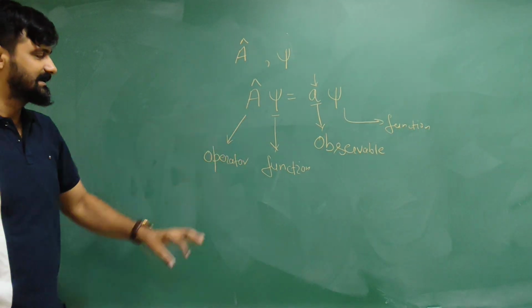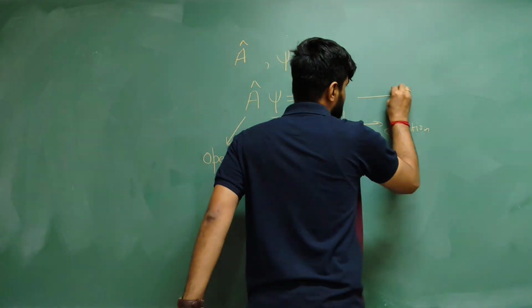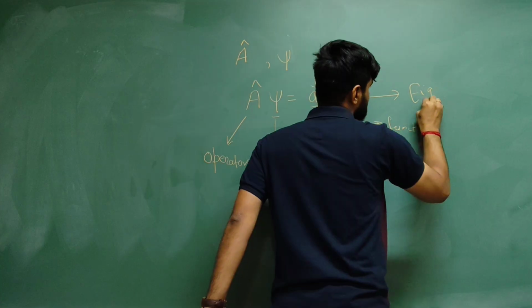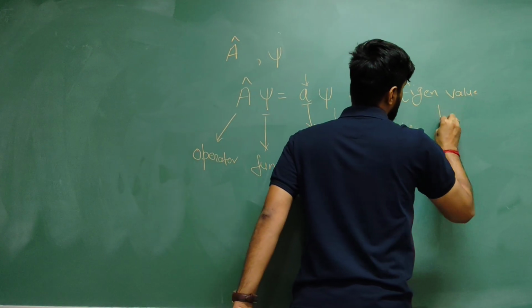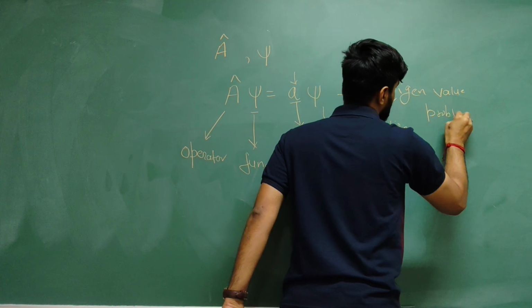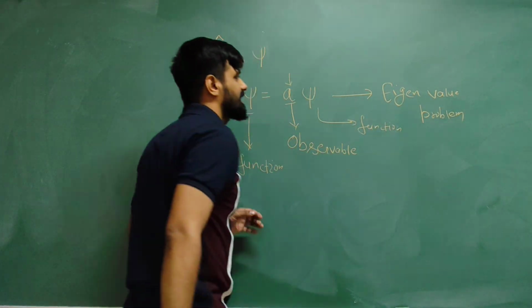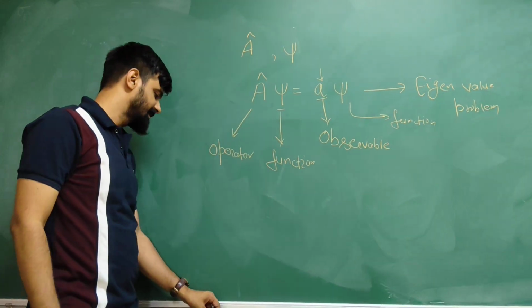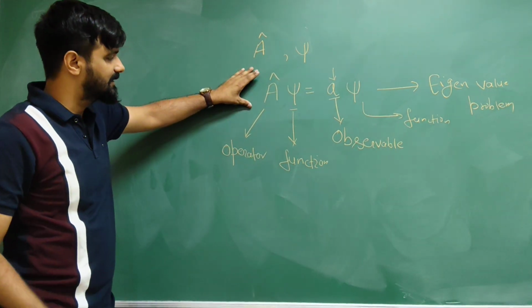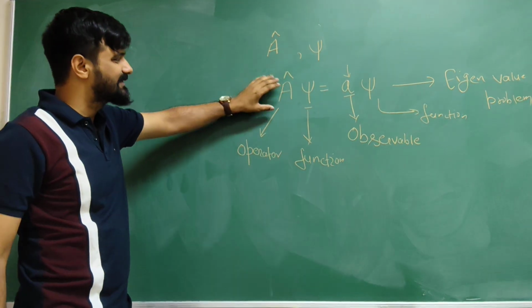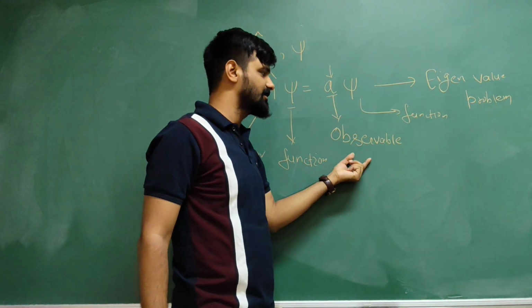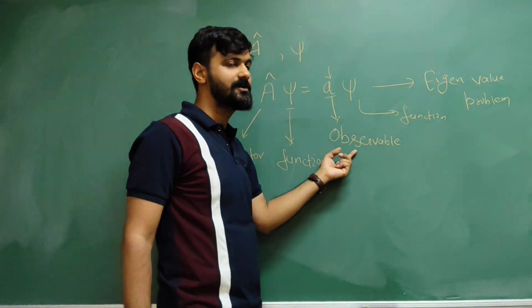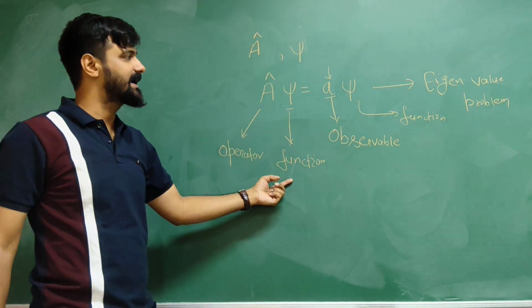If you see these things, it looks like an eigenvalue problem. In an eigenvalue problem, you have an operator acting on a function, and that gives you a value, here the observable, which is called the eigenvalue, and this function is called the eigenfunction.